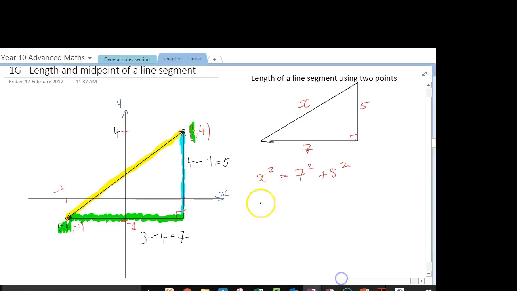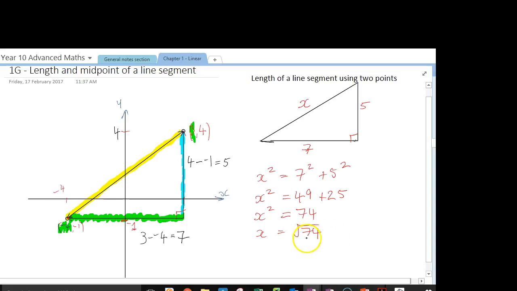So x squared equals 49 plus 25. If you add those together, you get 74. So x squared is 74. Sorry, I was doing that in my head. Anyway, to solve for x is going to be the square root of 74.